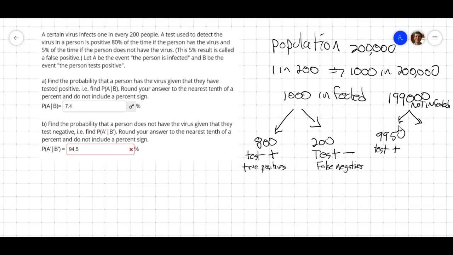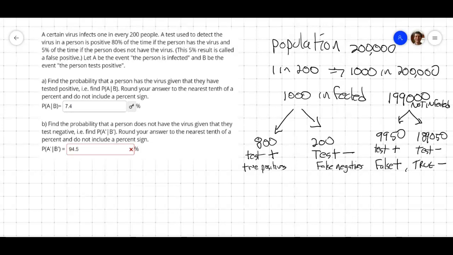So although these people are not infected, the test makes mistakes. 5% of the time, it'll count someone that does not have the virus positive. That's those people. And if I subtract that number from the original 199,000 that were not infected, I get the rest of them, 189,050 people, test negative. These are false positives, and these are true negatives.